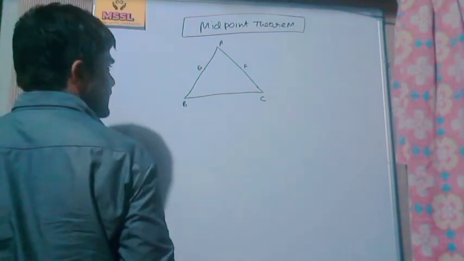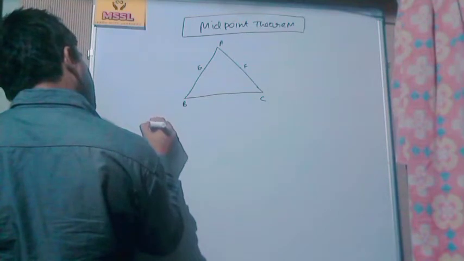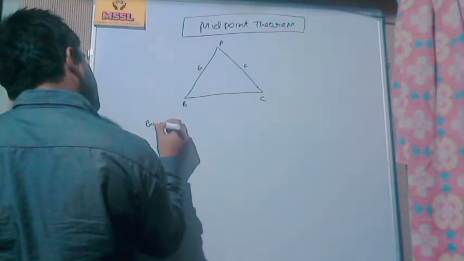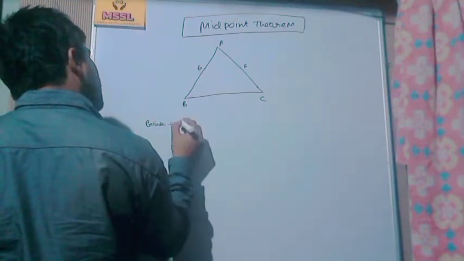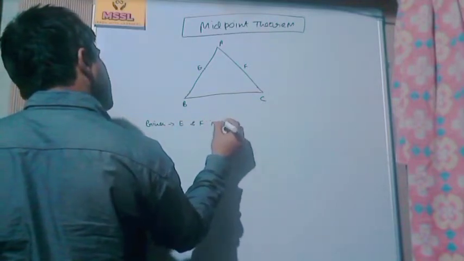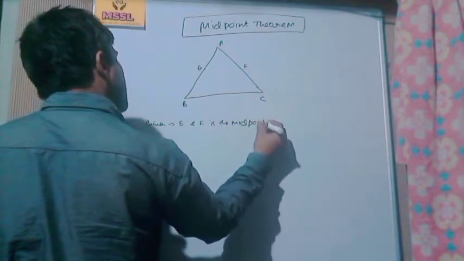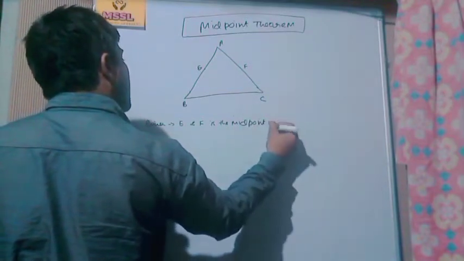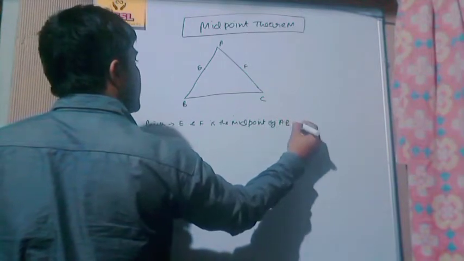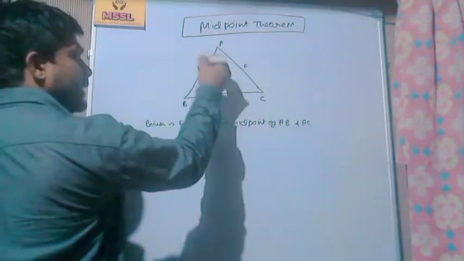Means you can see that given is E and F are the midpoints of AB and AC. This is what is given.